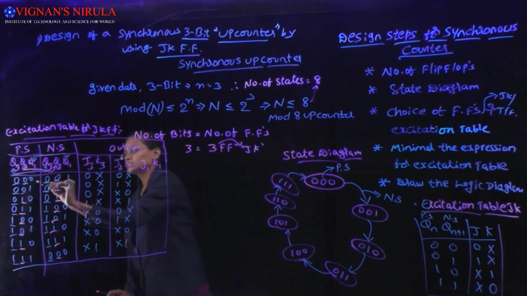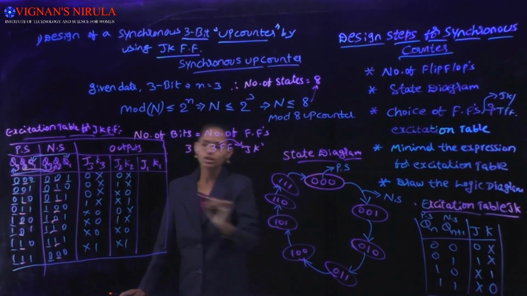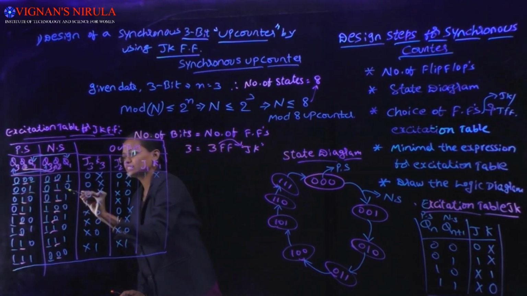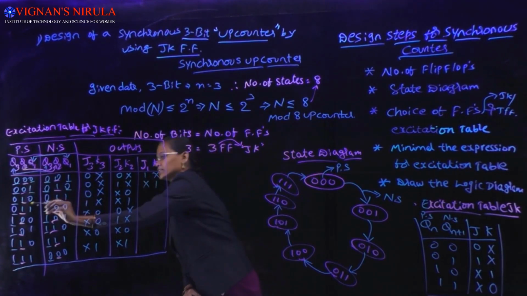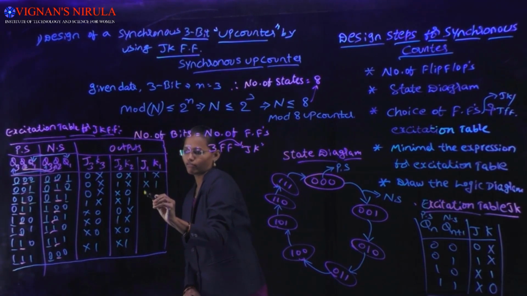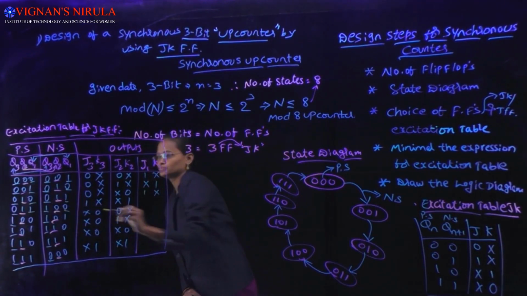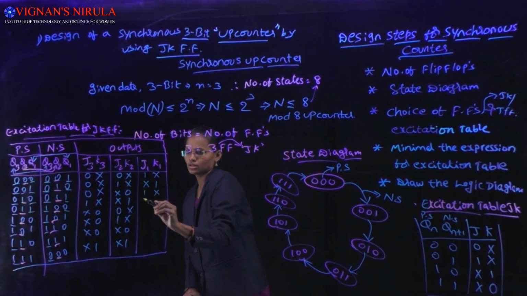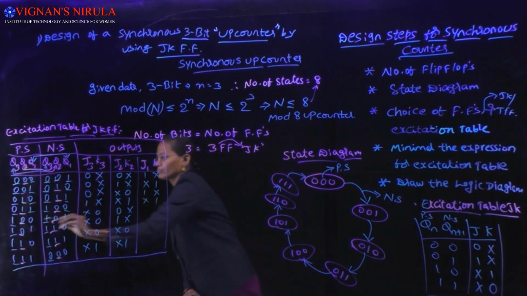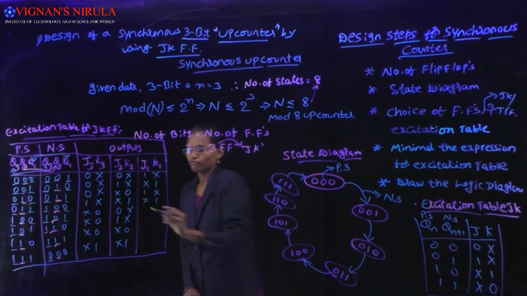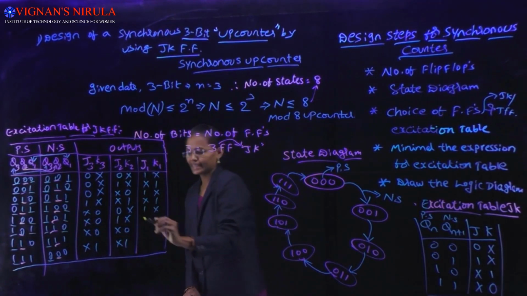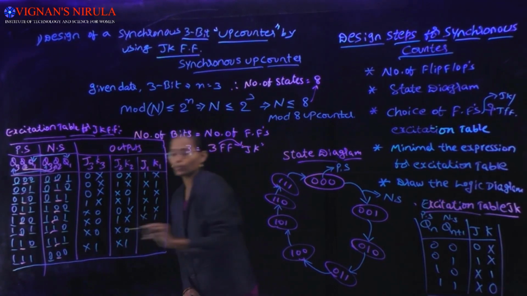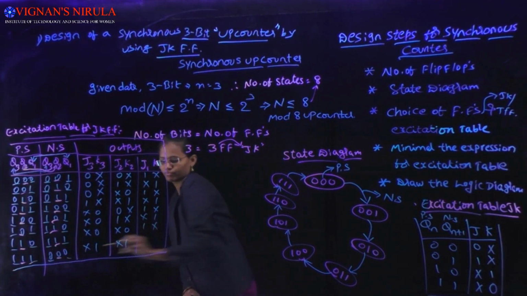Okay, 0 1 gives 1 x, 1 0 gives x 1, and alternately 1 x, x 1, 1 x, x 1, 1 x, x 1.